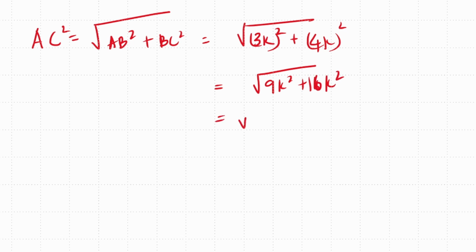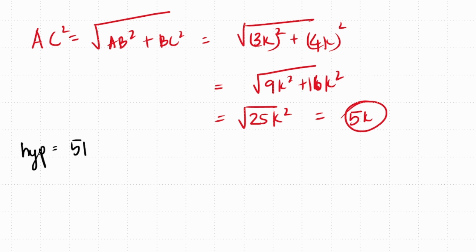We'll get root of 25K square. If you take it out of the root, they both are perfect squares, right? So we will get 5K. AC is 5K, right? So you got the hypotenuse equals 5K.